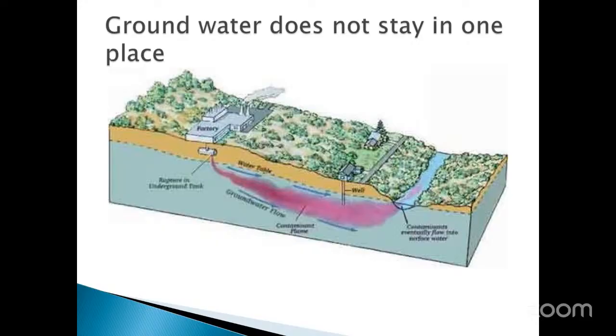Chronic contamination happens slowly over many years. Can you tell me one example? Now we have discussed so many examples, right? Point and non-point source examples we discussed. So could you please tell me a chronic contamination example? It happens slowly over many years. After many years, we can see the result.